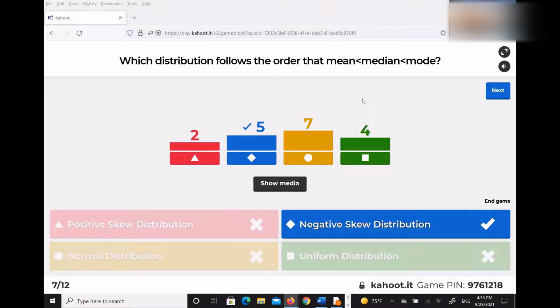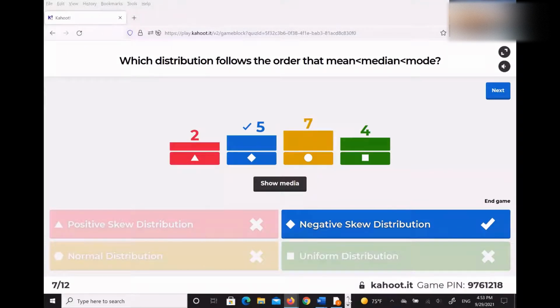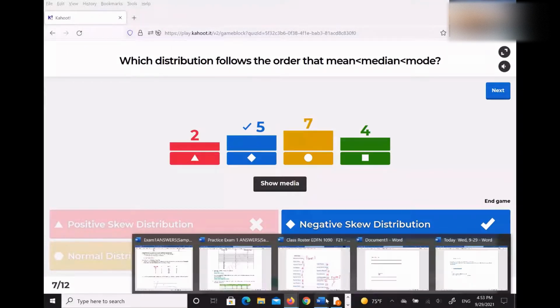All right, so remember that the median is always in the middle for continuous data, right? And the mean is to the left and the mode is to the right. So let's review this really quick so that you can understand it better. We already talked about it, but let's just review it again.